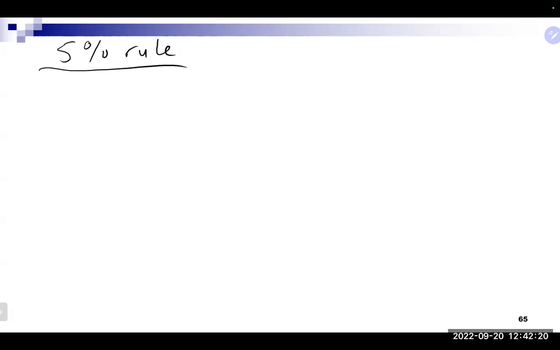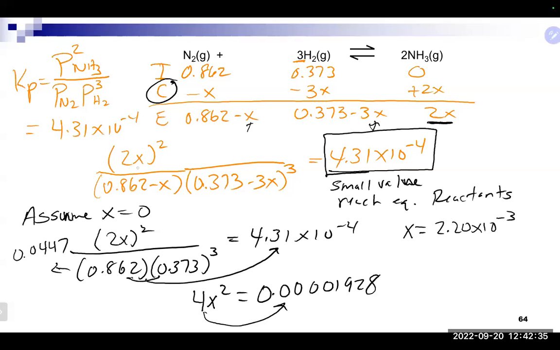The 5% rule is this: you take the x value that you just got. In our case, x was equal to 2.2 times 10 to the minus 3. You then go back and divide it by what you were going to subtract it from, and multiply by 100. If it's less than 5%, you're good.